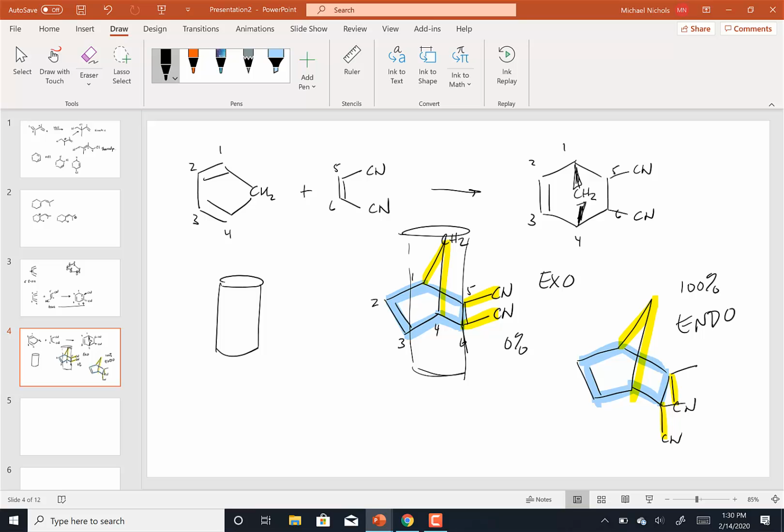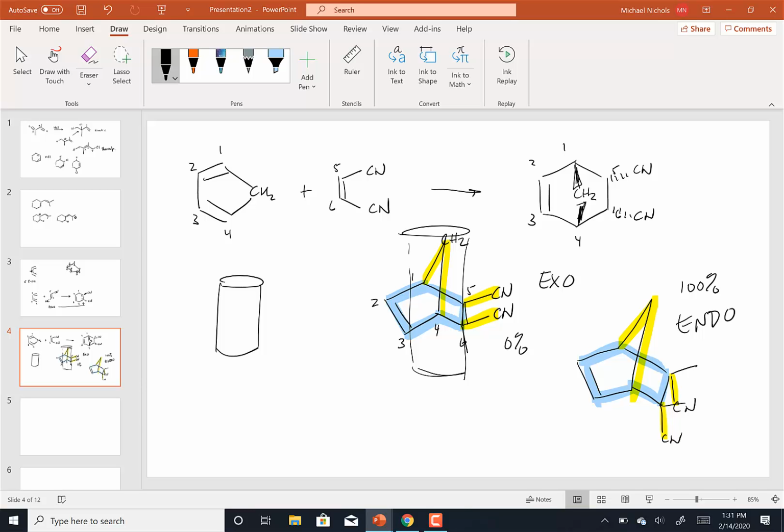But remember that in the endo product, the bridge and the groups I added must be opposite each other. So that means that the bonds to the CN groups have to be dashed. If you have a bold bridge, you need a dashed set of groups. If you want a dashed bridge, you need a bold set of groups. But they have to be basically opposite or trans.